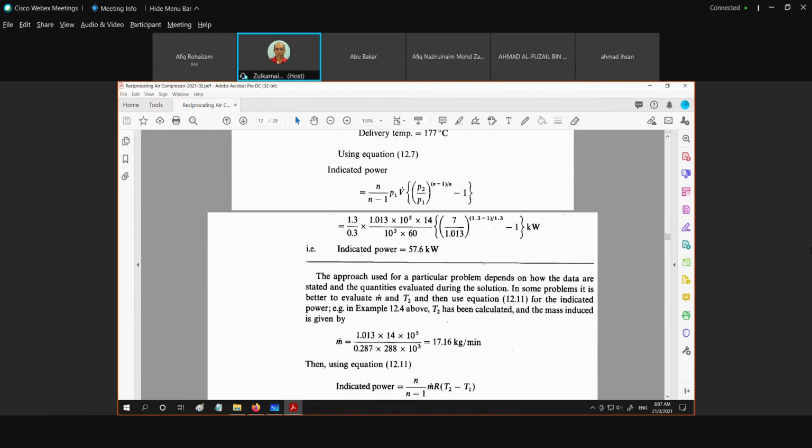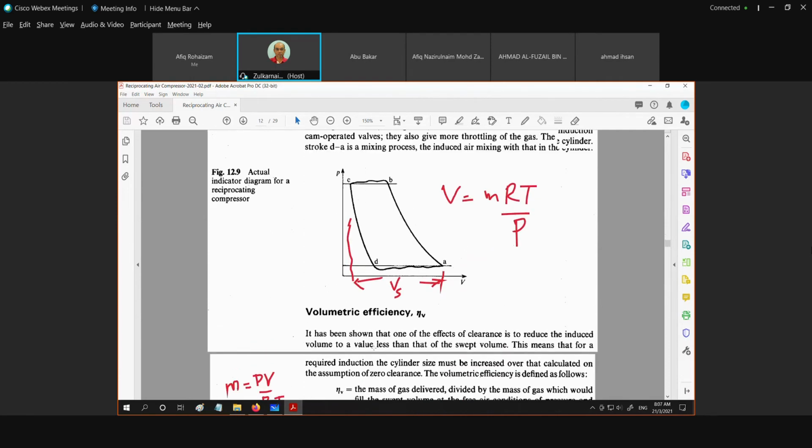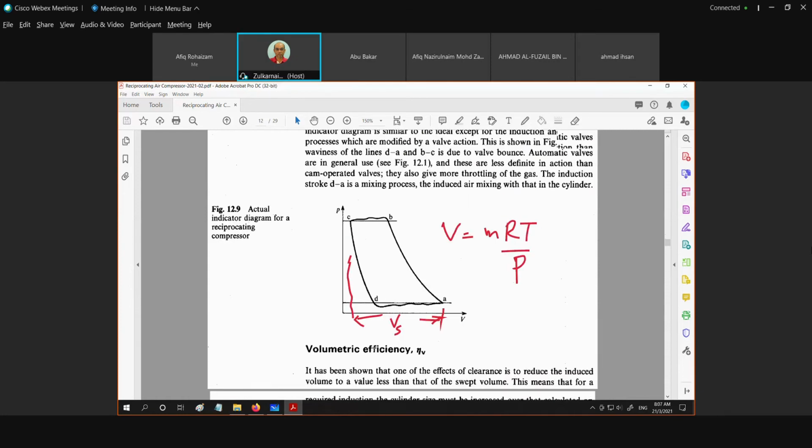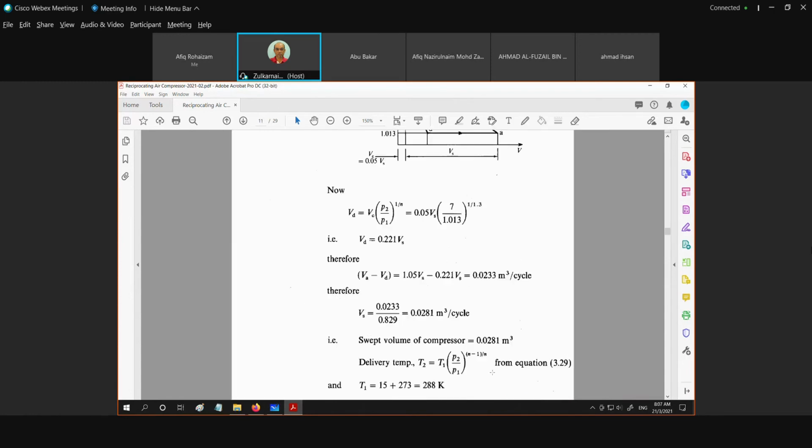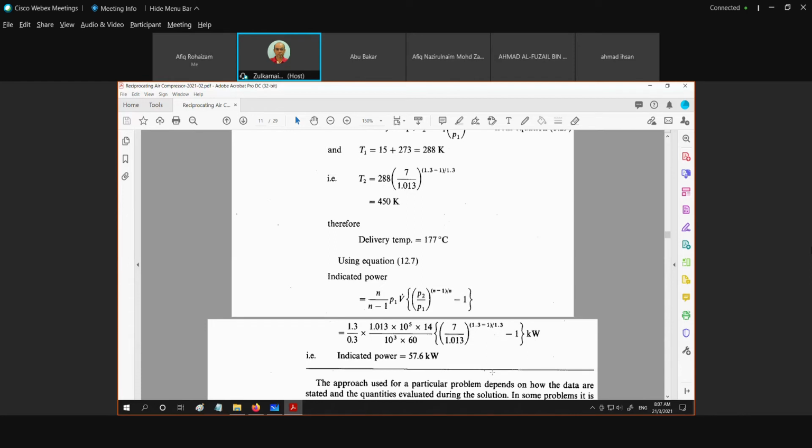Tak silap saya, kita dapat lebih kurang 0.822 kan? If not mistaken. This is VA tolak VD, this is VS. Anybody recall dia punya value? Someone told me last week dia lebih kurang 82%.